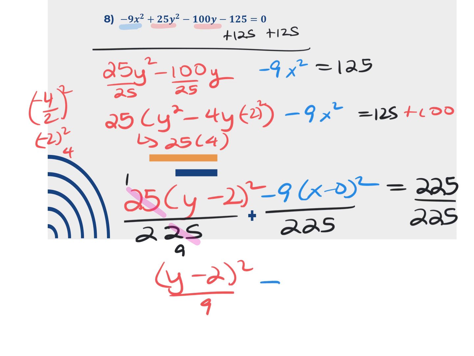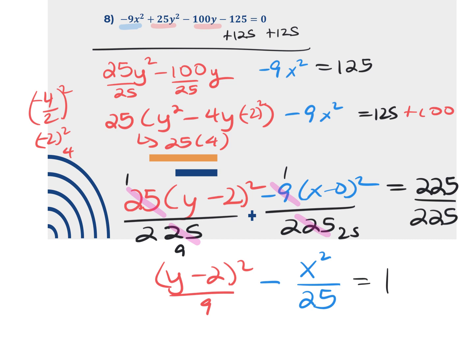And then minus, and this simplifies as well. 225 divided by 9 is 25. So this will become a 25. This becomes a 1. And again, the minus 0, just leave it as an x squared over 25 equals 1.